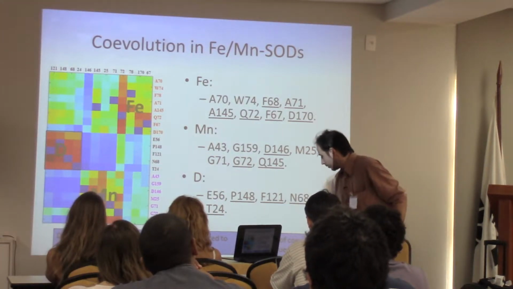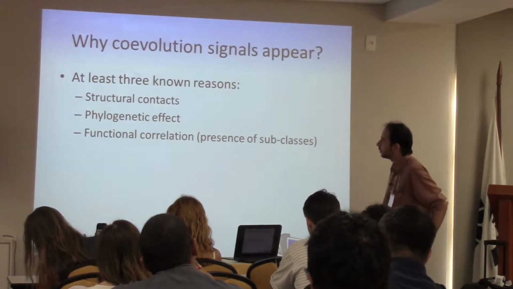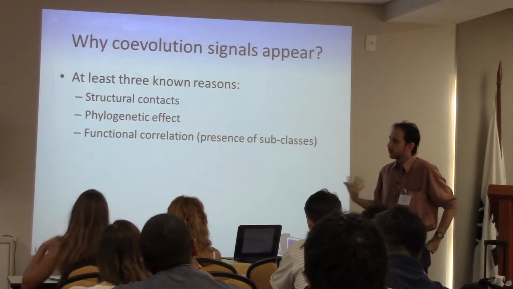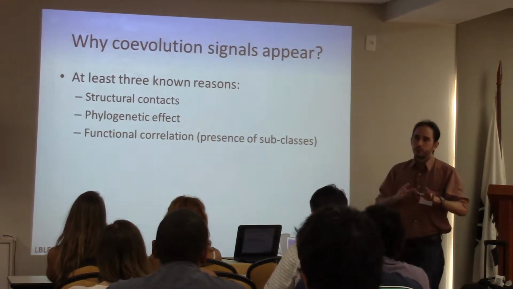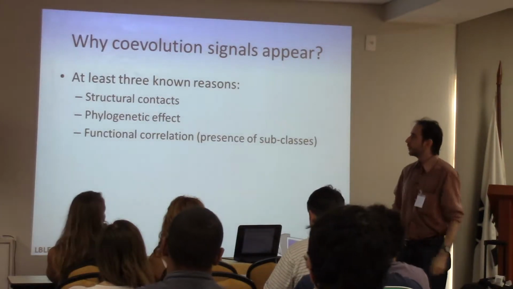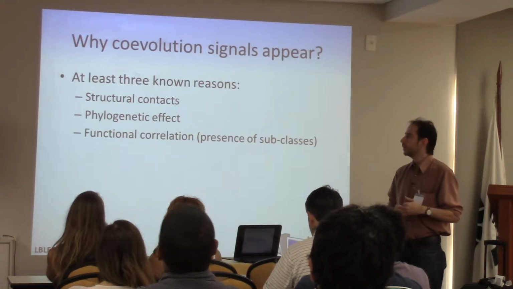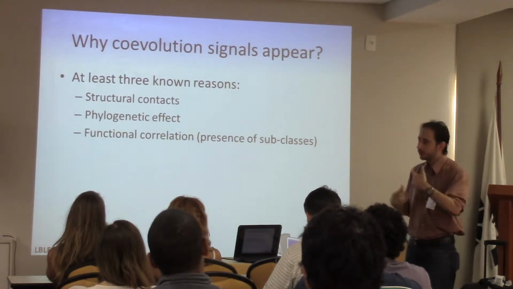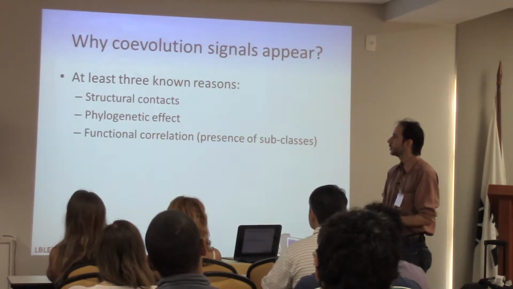So this made us quite optimistic about the results, and then by looking at the literature and seeing discussion about this, we found out that, for things that most people agreed with, there are at least three known reasons for finding coevolution signals. The first one, which was the first that was discussed, and Ricardo a couple of days ago already mentioned, is structural contacts.